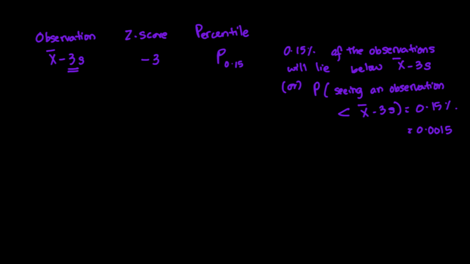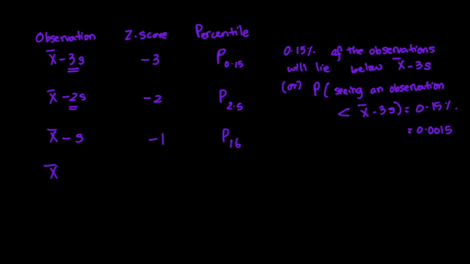So, extending the thought, if I have x bar minus 2s, the z-score would be -2. The percentile corresponding to x bar minus 2s is P2.5. X bar minus s has a z-score of -1, and it would correspond to P16.